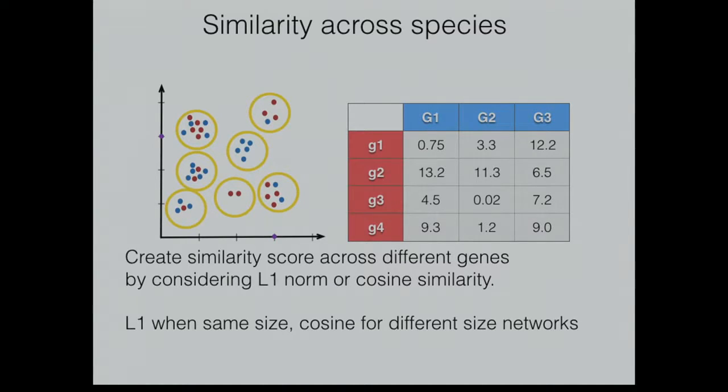Think L1 norm if I'm doing something where I know the number of nodes is exactly the same. Good? And again, these are fake numbers here, but what that's going to do is give me an all-against-all matrix, a similarity matrix for each one of these particular genes. And then I could do something like a Hungarian algorithm or something more sophisticated like clustering.